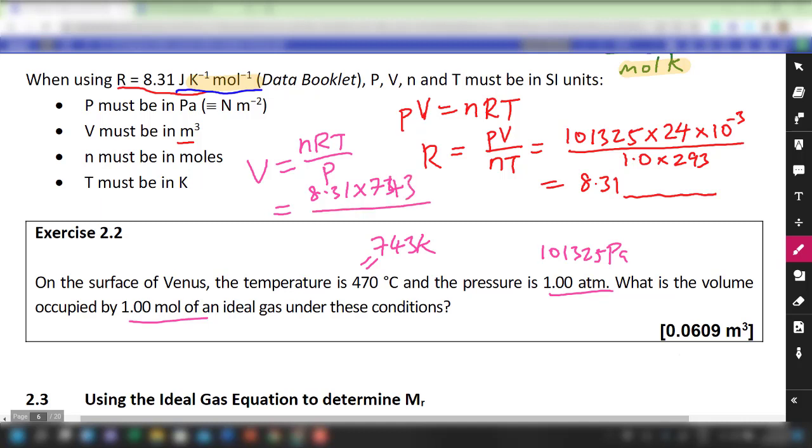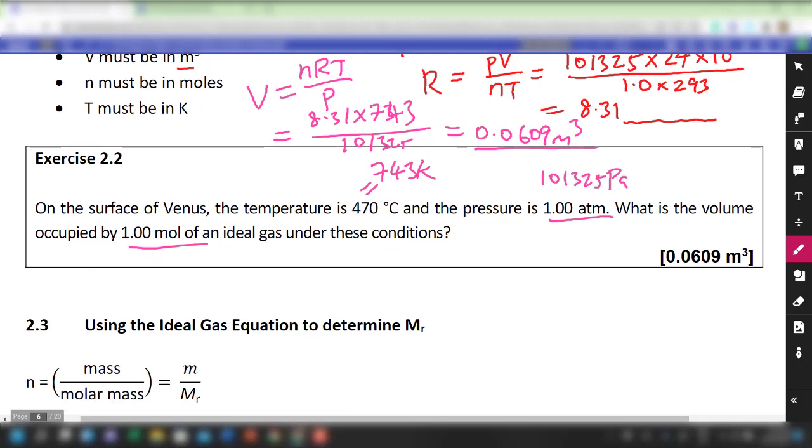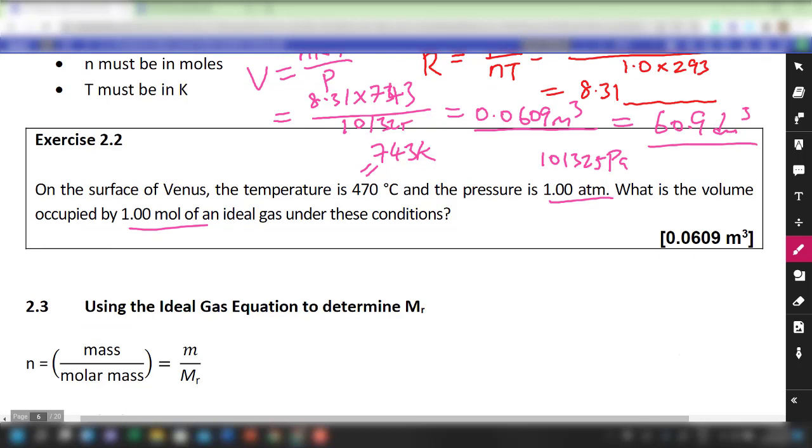Divide by the pressure, which is 101325. Over here you will get the volume in cubic meter, so you should be getting 0.0609 cubic meter. You should be able to perform this calculation quite easily. You can keep it in cubic meter, or if you wish to, you can convert it to dm cube, so that would be 60.9 dm cube. I think this looks like a more reasonable number.